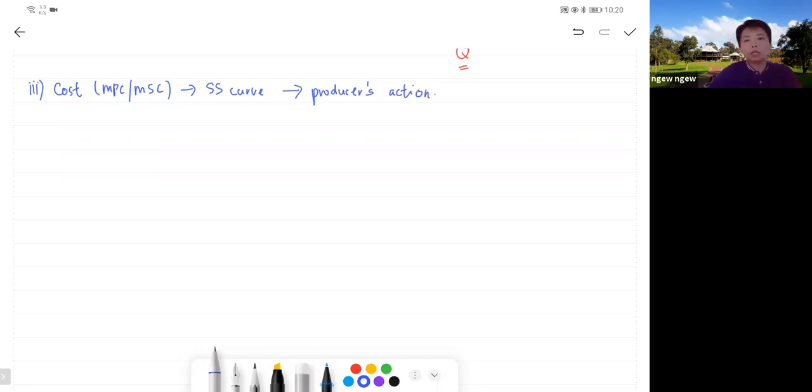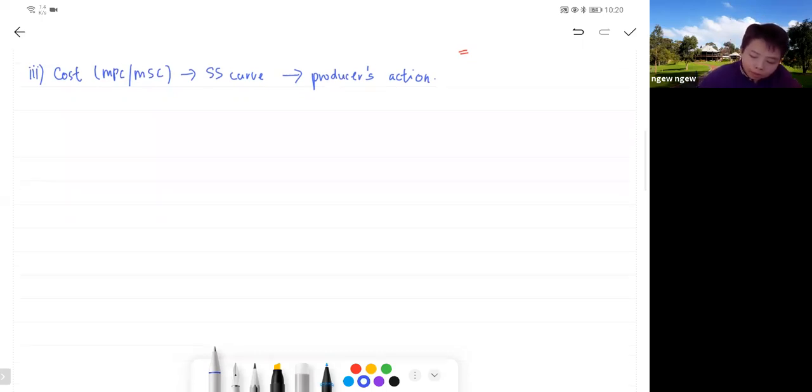So when the question says the producer's action brings positive or negative externality, regardless of which, you will be moving your supply curve instead of the demand curve, since they mentioned that this action is done by the producer.